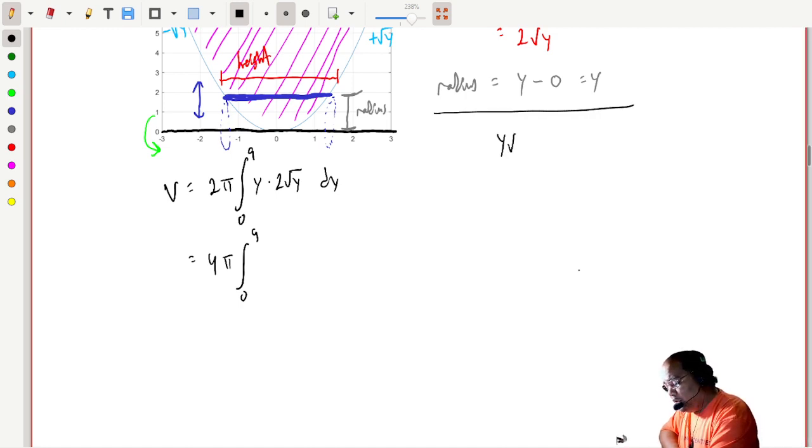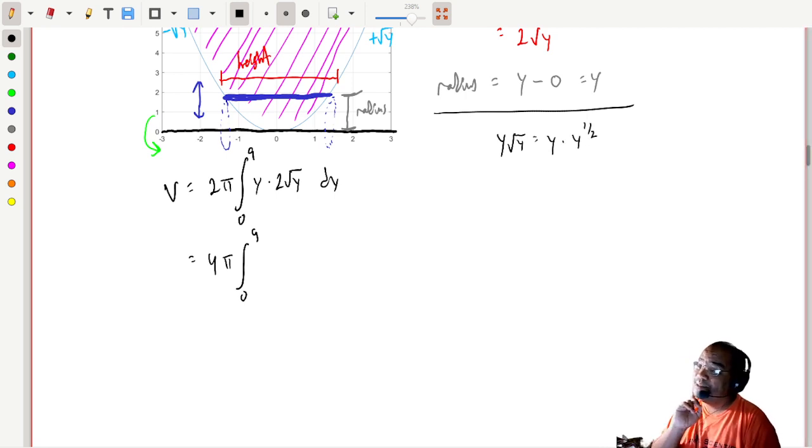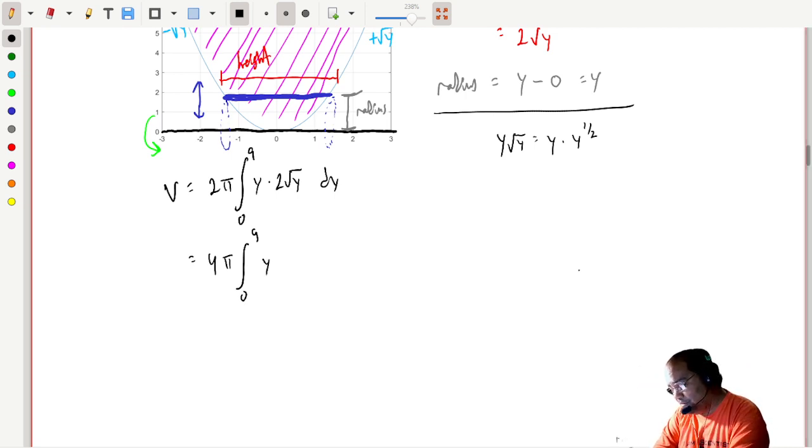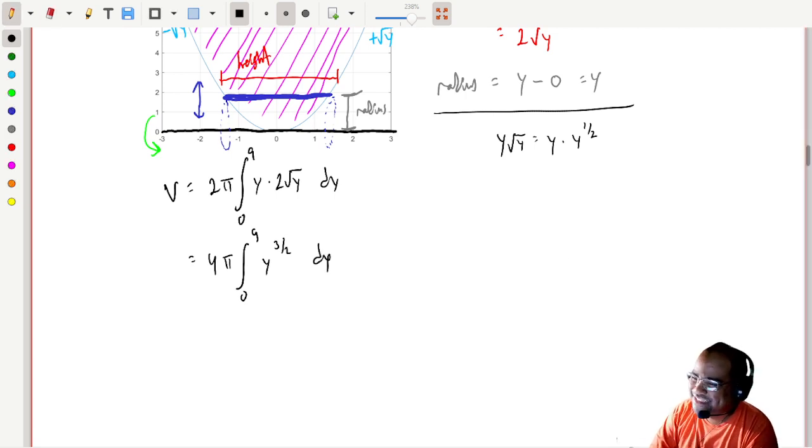Remember, y square root y, that's the same as y times y to the 1/2, and we add the exponents when we multiply. So 1 plus a half is 3/2. And there's your power rule, right?